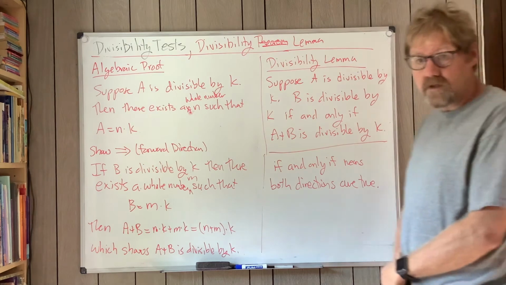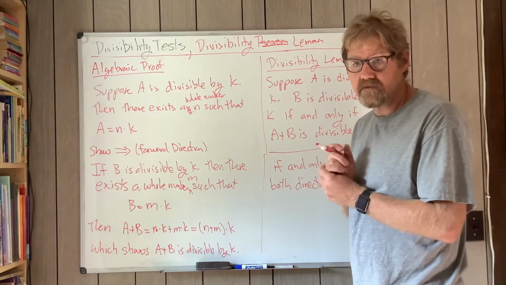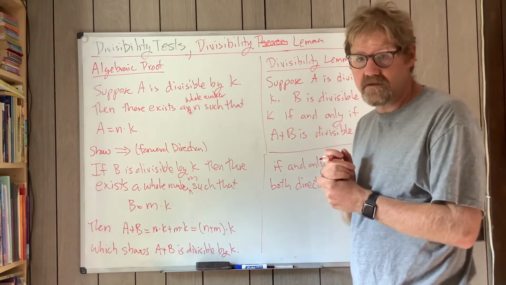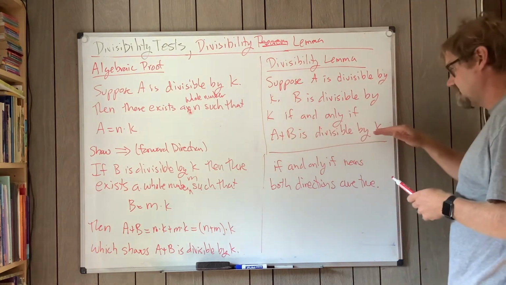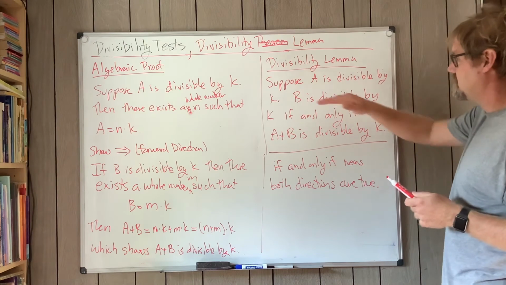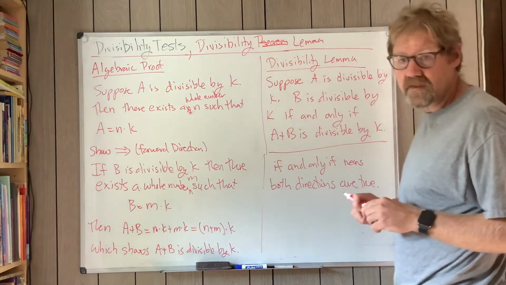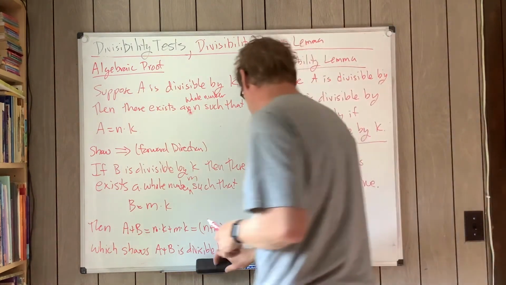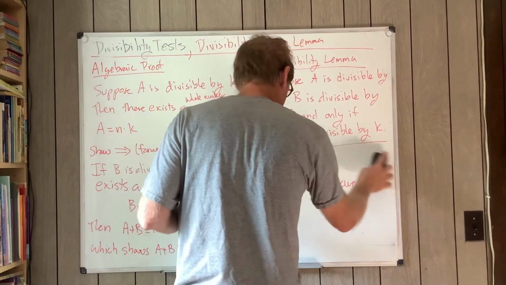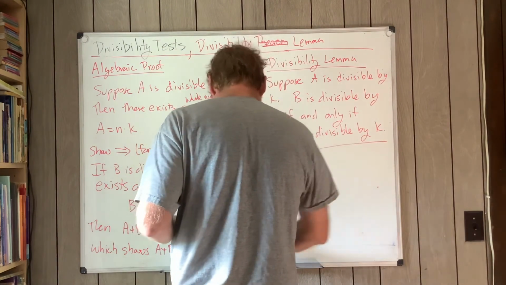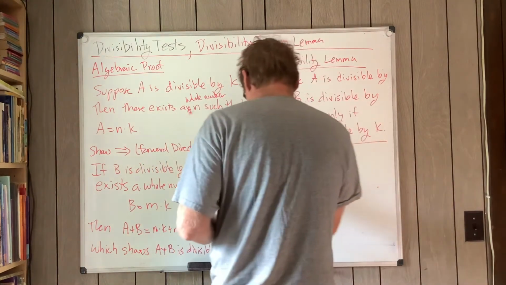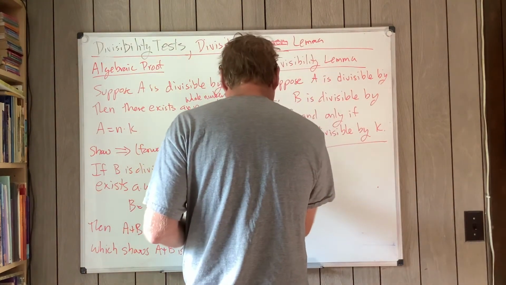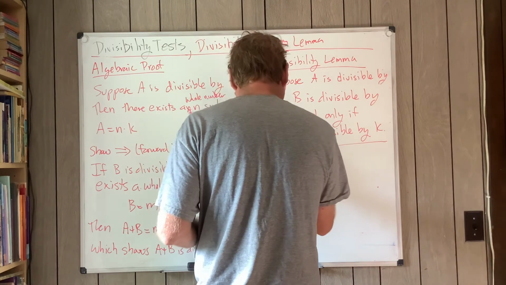All right, now the tricky little part is the other direction. I'm going to assume that A plus B is divisible by K, and I want to show that B is divisible by K. So this is going to be the other direction, the reverse.